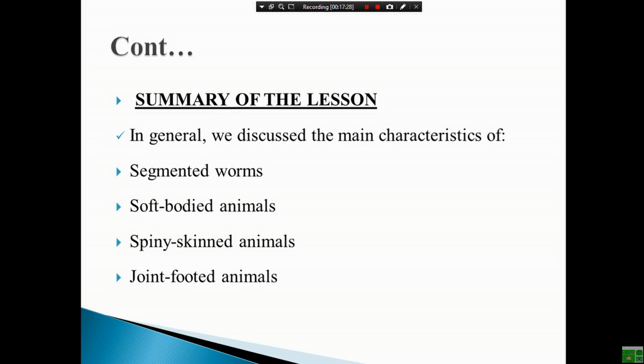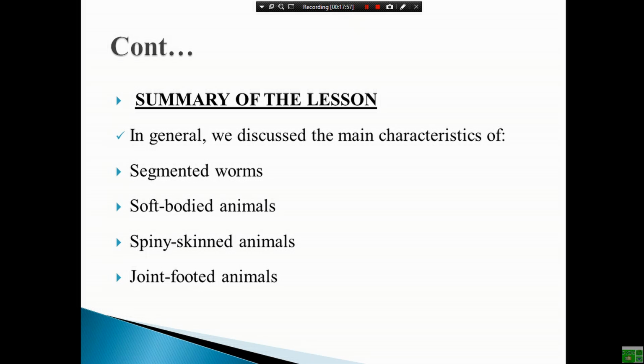And lastly, we discussed joint-footed animals or phylum Arthropoda. Phylum Arthropoda are the largest number of invertebrates. They have segmented bodies with jointed legs. They cannot grow to a large size because of the exoskeleton. The exoskeleton limits their growth, and they have a body cavity, are bilaterally symmetric, and have a well-developed nervous system.